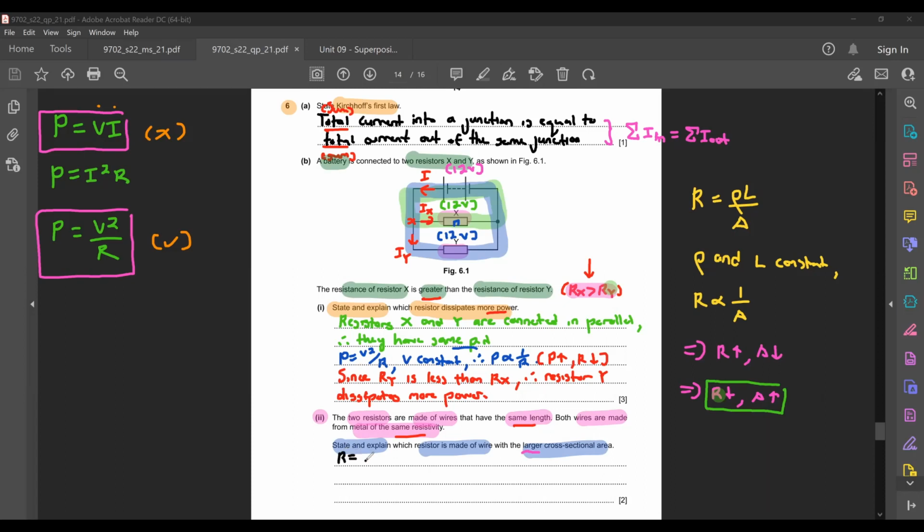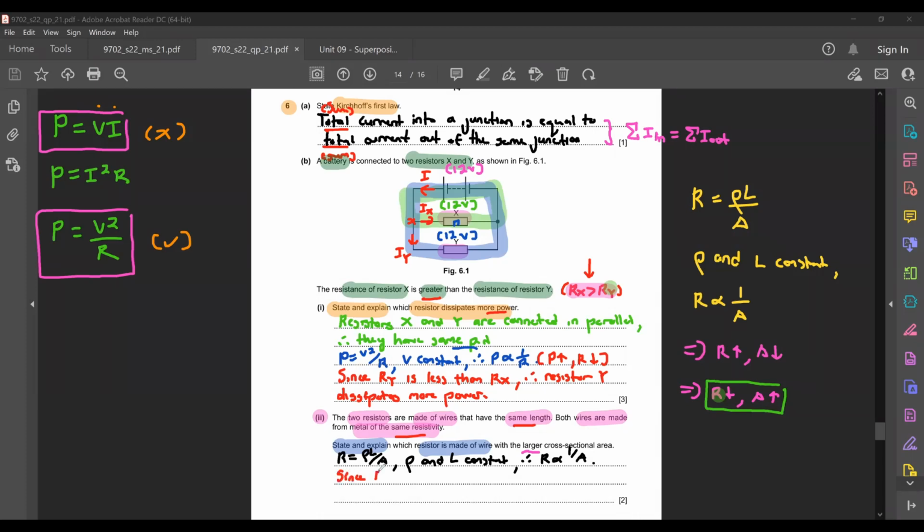R is equal to rho L over A. So rho and L constant. Therefore, R is inversely proportional to cross-sectional area. And then after that, we can again say something like this.